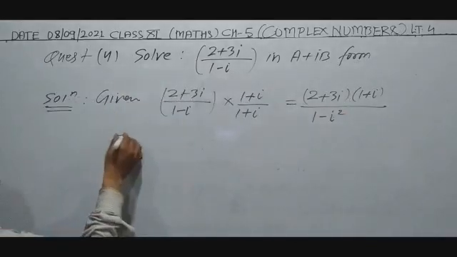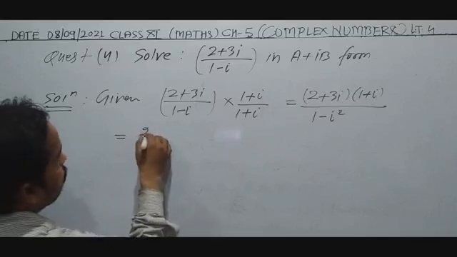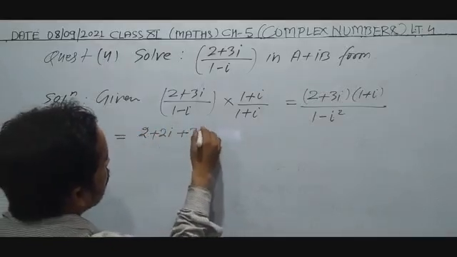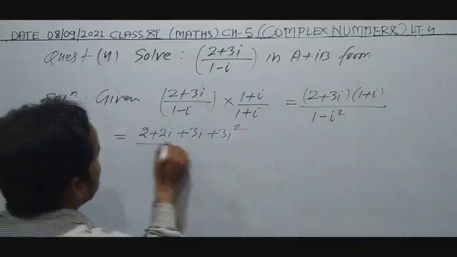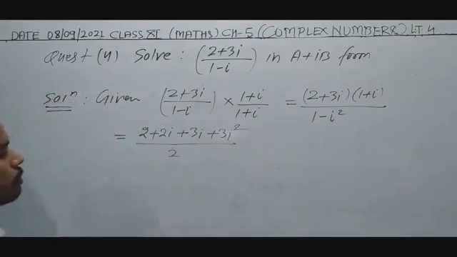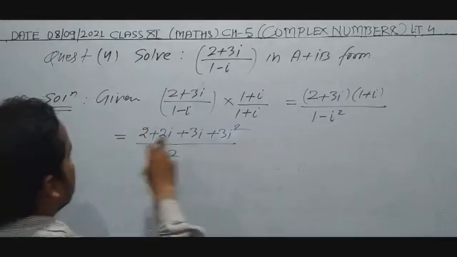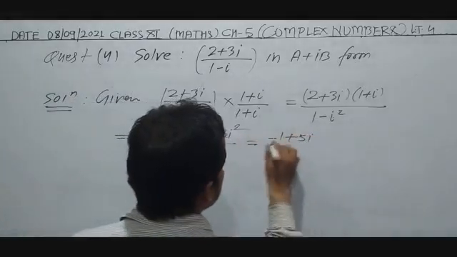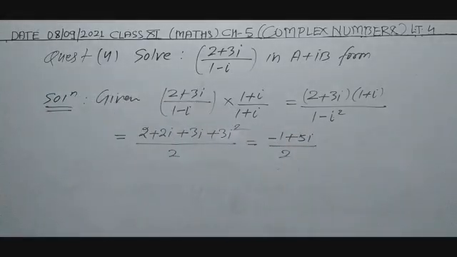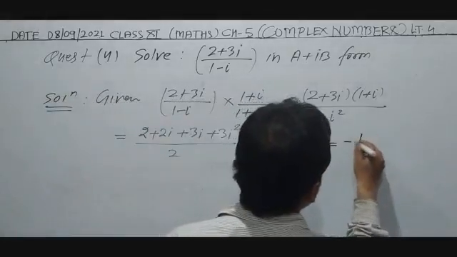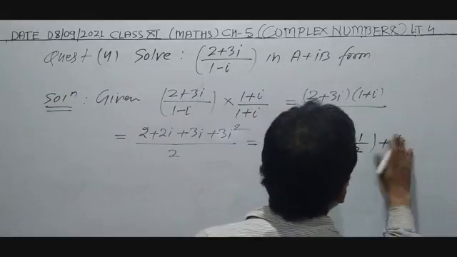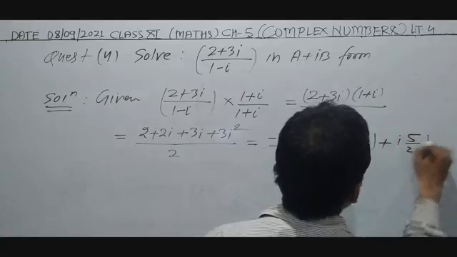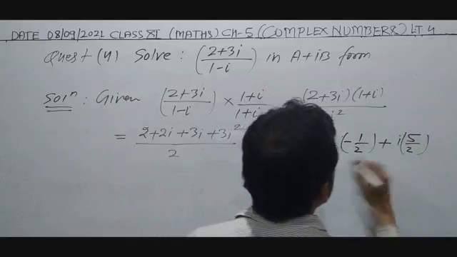So we can write 2 plus 2i plus 3i plus 3 i square, upon 2. Now you know i square result is minus 1. So 2 minus 3, result will be minus 1, and plus 5i, whole upon 2. Now in a plus ib form we can write minus 1 by 2 plus i times 5 by 2. This is a plus ib form. So this is the answer.